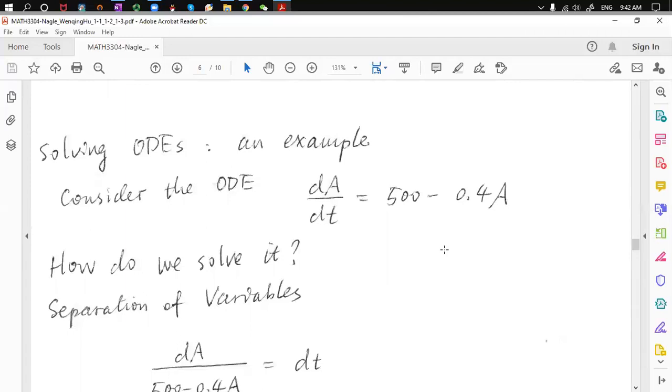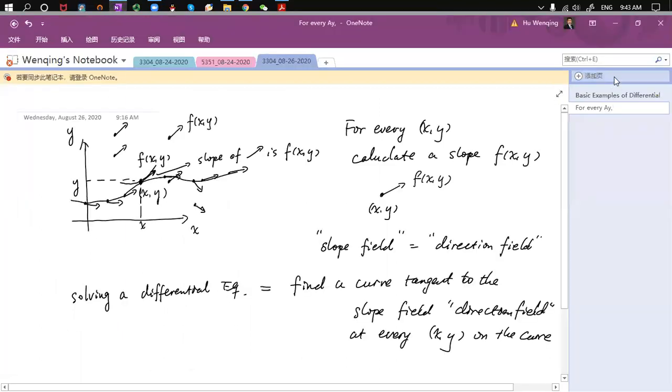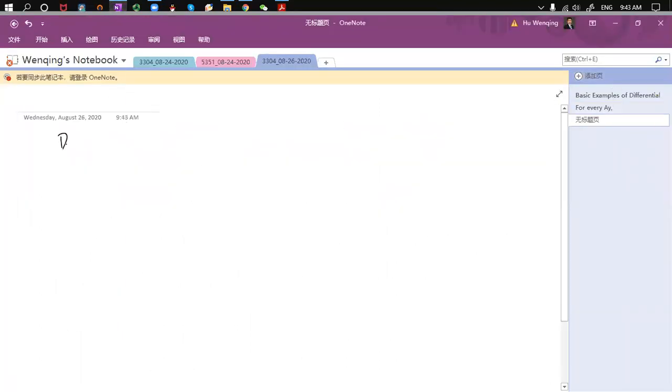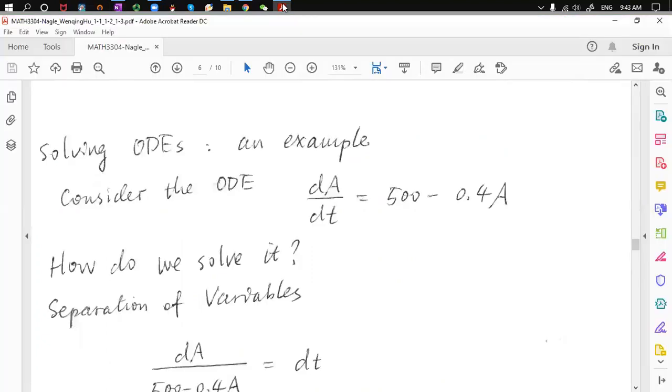Now we come back to the ordinary differential equations that we talked about in Monday's lecture, the prescription drug problem. On Monday, we talked about this equation, which describes the amount of drug in the person's bloodstream.